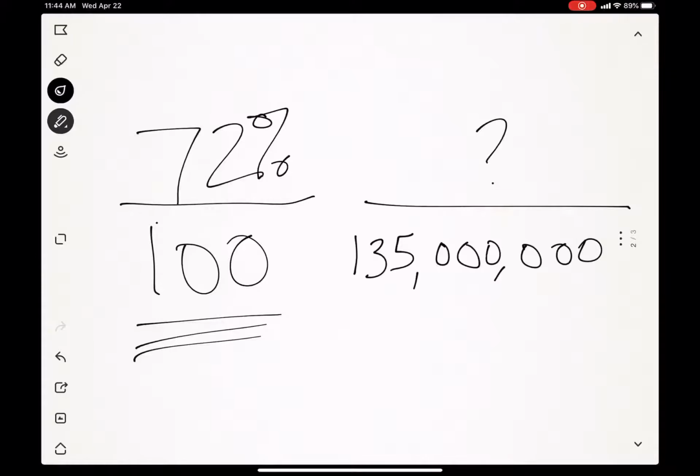If you have a calculator, this is the perfect time to use it. I have no problem with that. I know that we're dealing with big numbers right now, so bust out your calculator. The way that I've taught it in the past, and I try to teach it every which way, but one of the easiest and best ways to see it is to cross multiply.